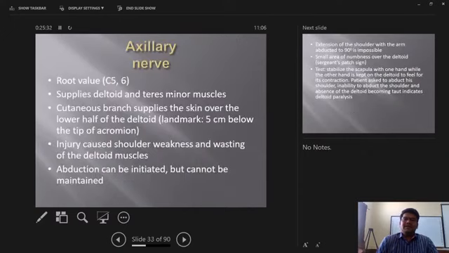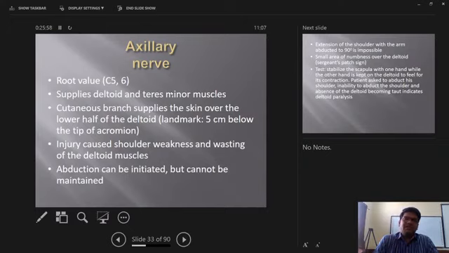Now coming to axillary nerve injury. The root value is C5, C6. It supplies the deltoid and teres minor muscles. The cutaneous branch supplies the skin over the lower half of the deltoid, which is called the regimental badge area. The injury causes shoulder weakness and wasting of the deltoid muscle.